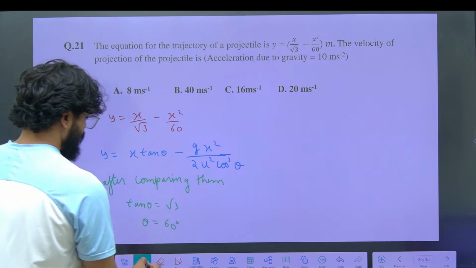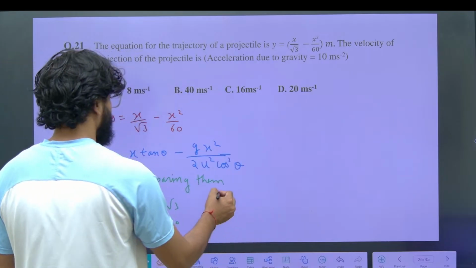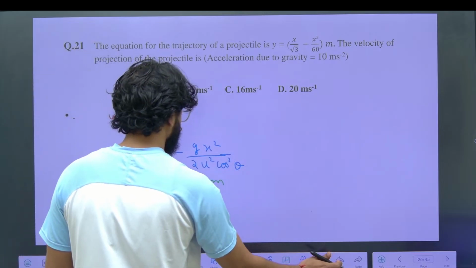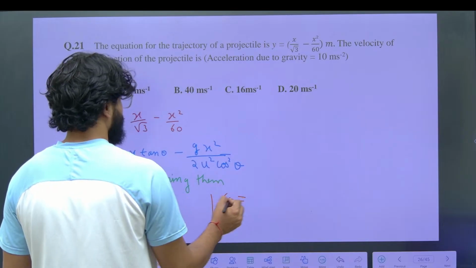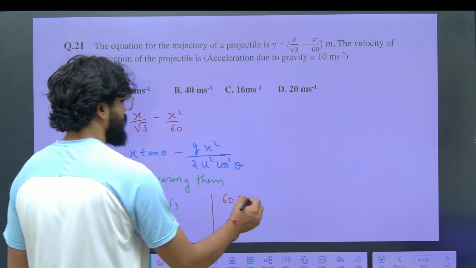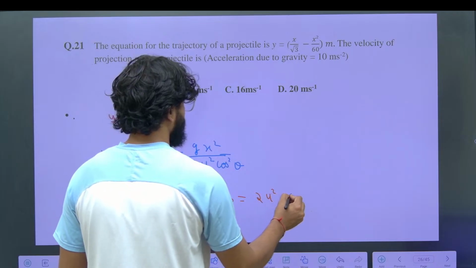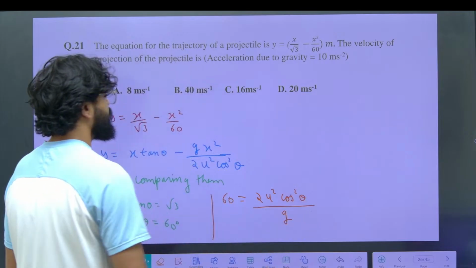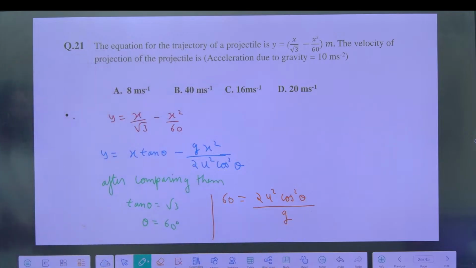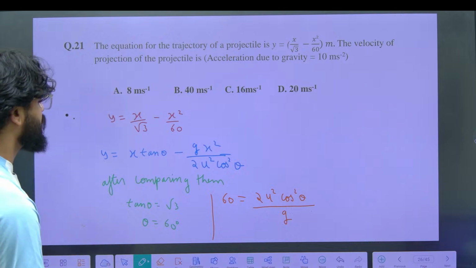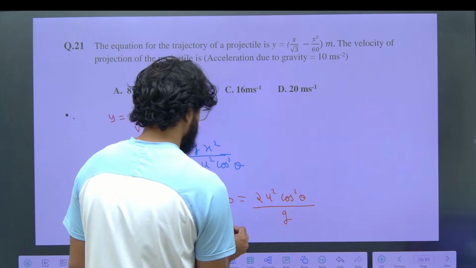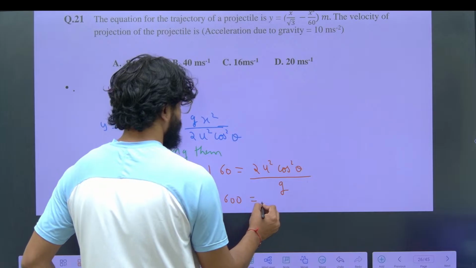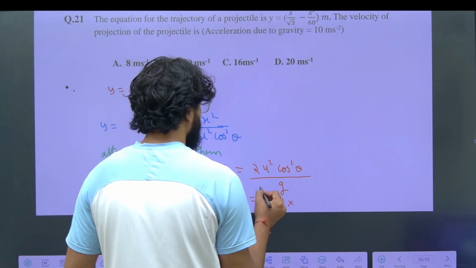But the second thing we can also do: 1 upon 60, let's write 60 only. 60 can be written as 2 u square cos square theta upon g, right? Look carefully. G is 10, so 600 equals 2 into u square cos square theta.